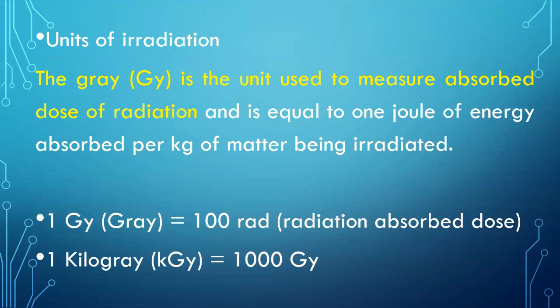So 1 Gy is equal to 100 rad, that is radiation absorbed dose. 1 kilogray, that is kGy, is equal to 1000 gray. These are the units of irradiation. This is how we attach the unit after the product is irradiated.